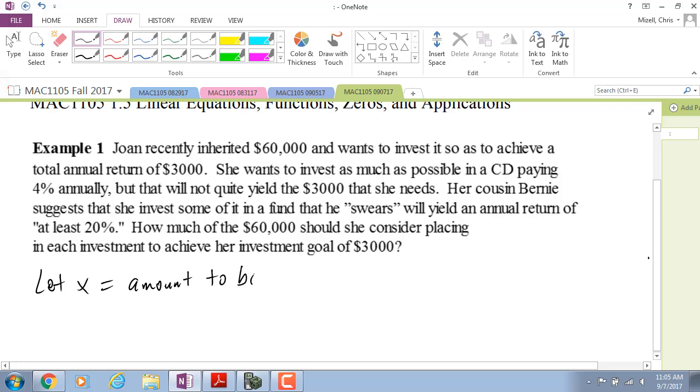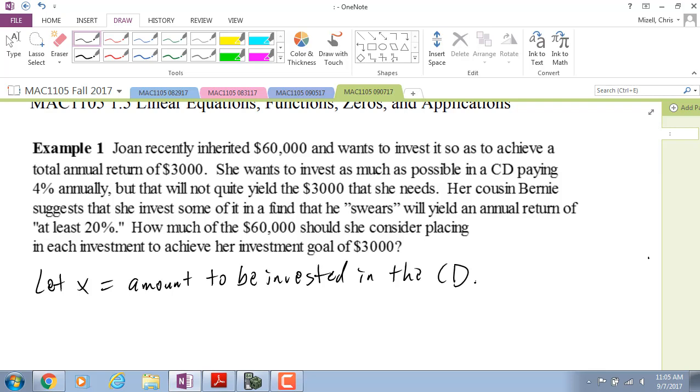In the CD. Now if we were taking a two variable approach, what we would do is say let y be the amount to be invested in Bernie's investment fund. But it's just a one variable approach, so we have to think about this.